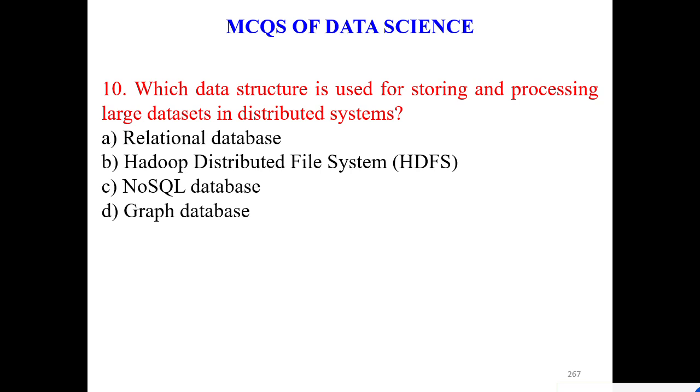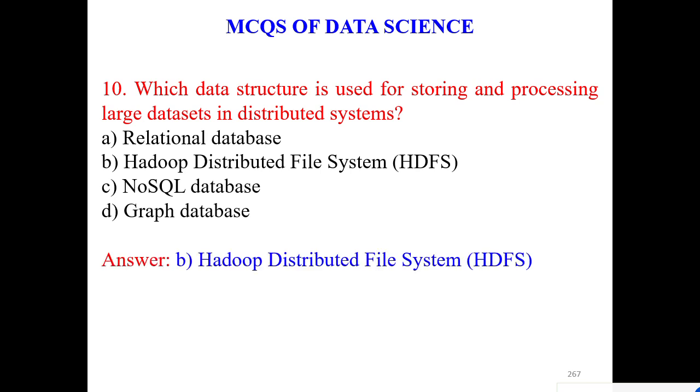HDFS is used to divide the large file into small files. So B is the option. Yes. Hadoop distributed file system is the correct answer, that we are using for storing and processing large data sets. That's why HDFS is the correct answer.